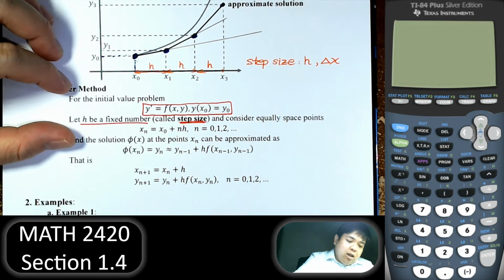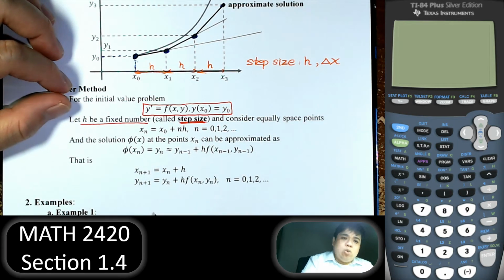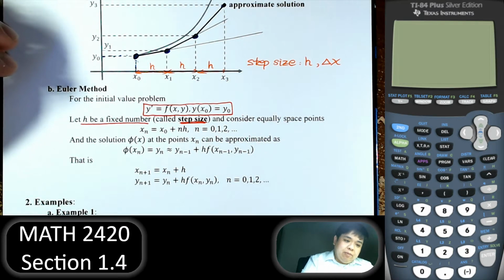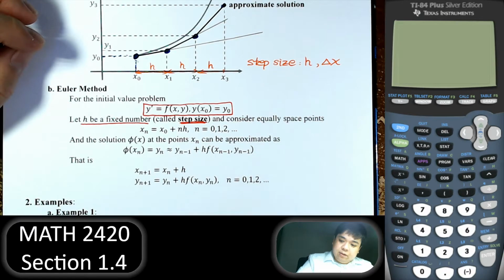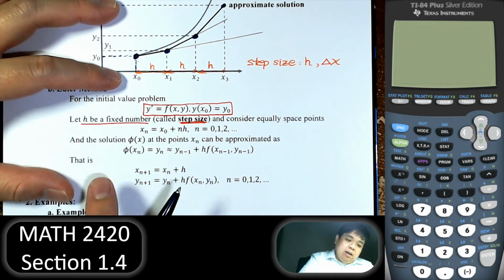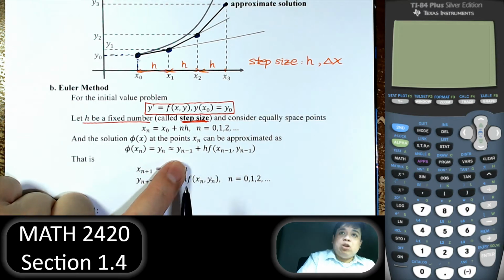After that, we say the solution at the next point is approximated as this. What does that mean? It means the solution is equal to the previous y plus h times the slope.